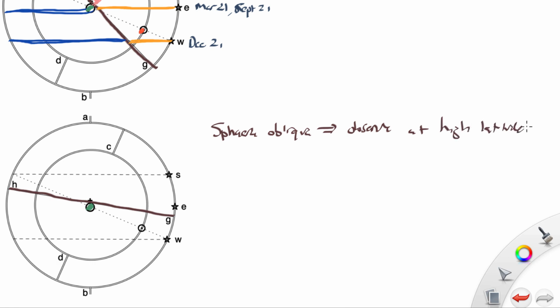In particular, the observer is standing above 67 degrees north latitude. That is in the Arctic, or above the Arctic Circle.